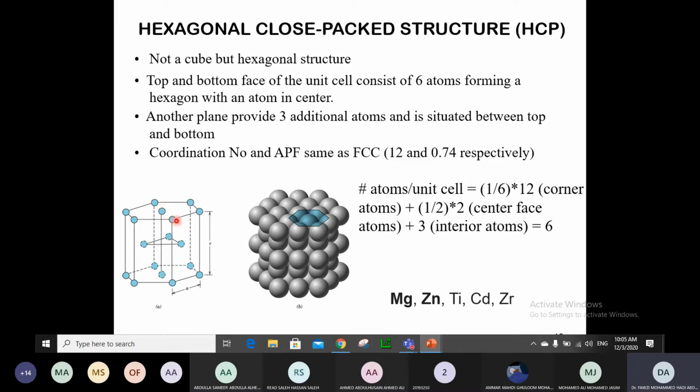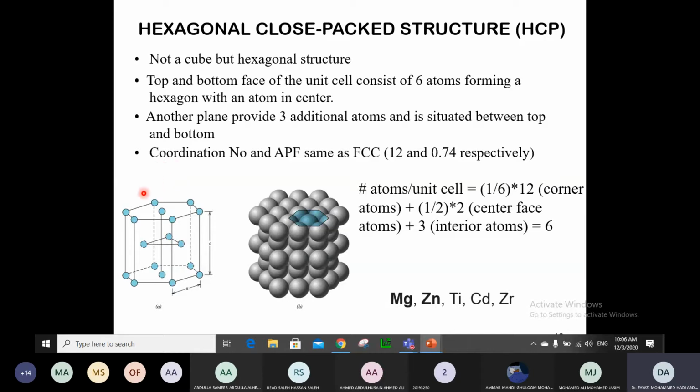These corner atoms are shared by this unit cell and the upper unit cell. This one is in the face, so we call it a face center atom, and it's shared by this unit cell and the upper unit cell. Now above that, there are 3 atoms coming here, in the same way, and above that there is a hexagon.